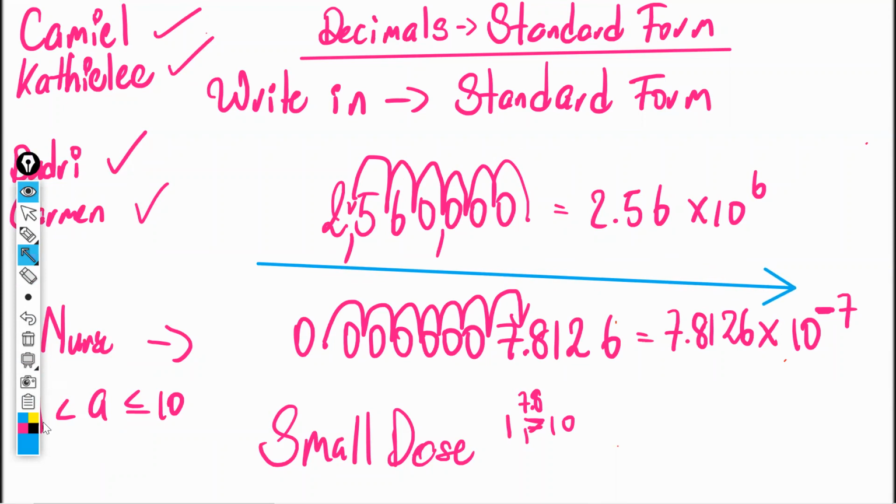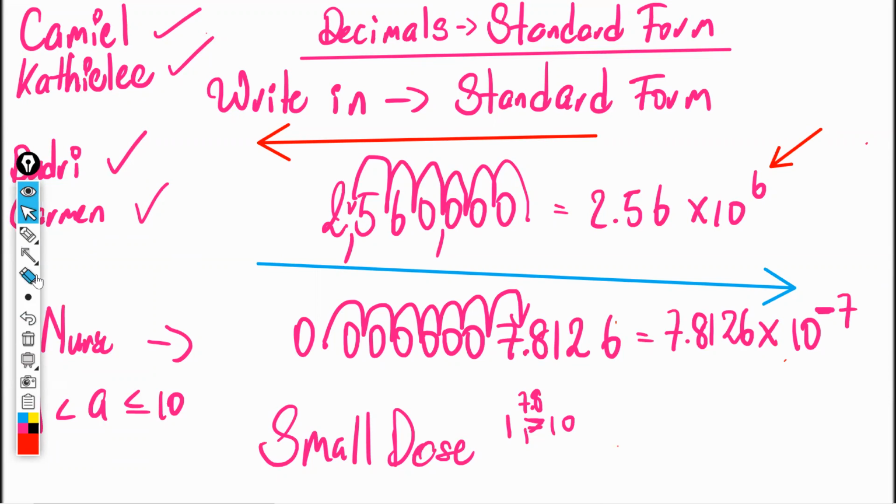If you're going to the left, let me make this red, if you're going to the left, it's positive. So if you're moving it to the left, you know it's going to be a positive number. If you're moving it to the right, you know it's going to be a negative number. You understand? Make sense? Yes, sir. All right.